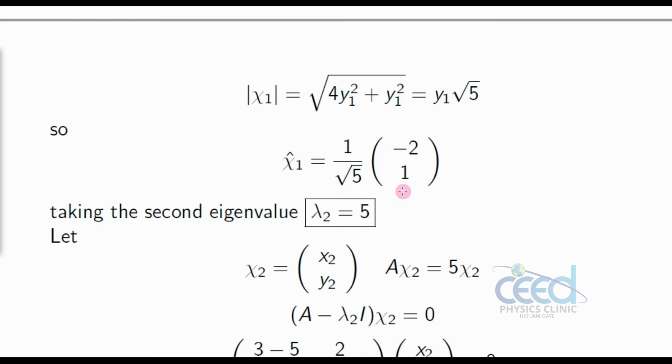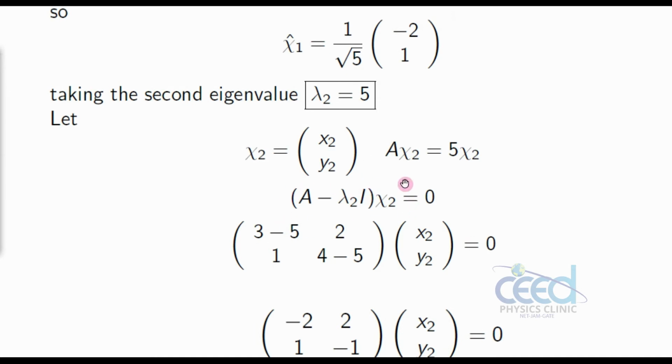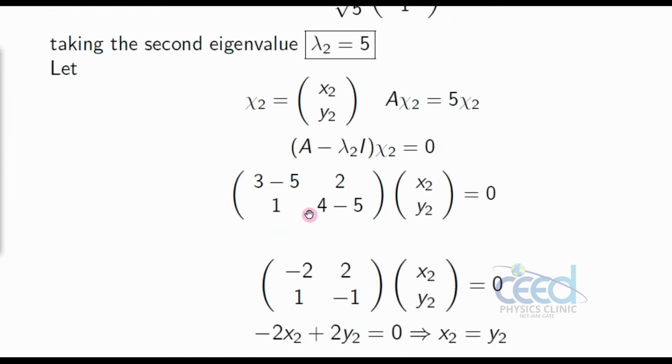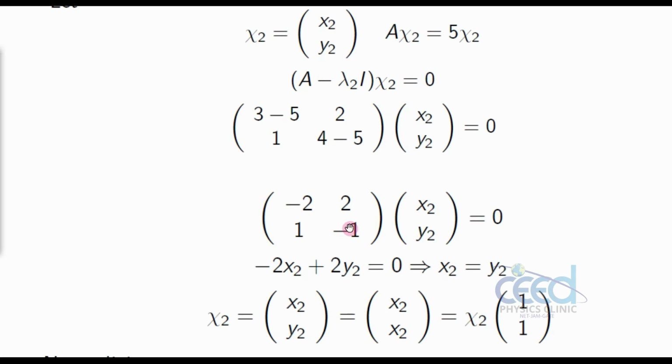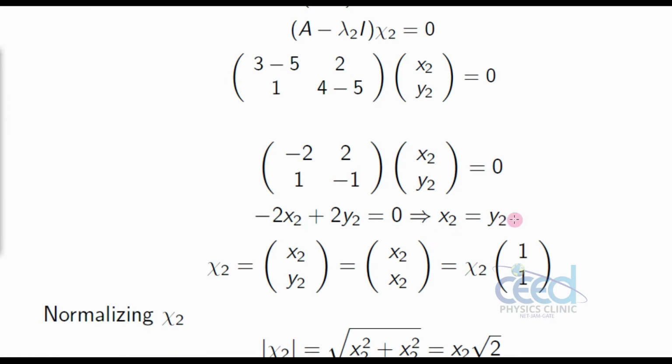Now the same thing I can repeat to find the eigenvector corresponding to the second eigenvalue. The second eigenvalue is lambda 2 is equal to 5. I am substituting here, so I have the equation minus 2x2 plus 2y2 is equal to 0. From it I can write x2 is equal to y2.